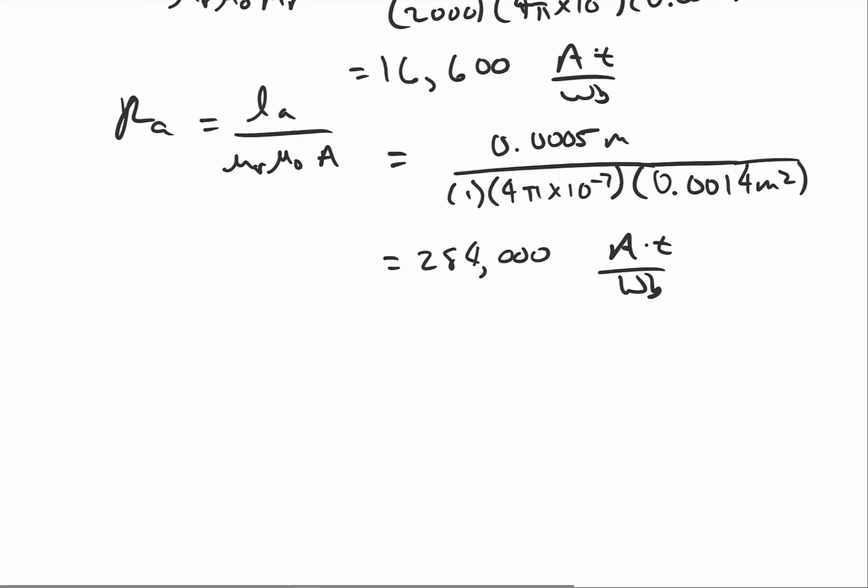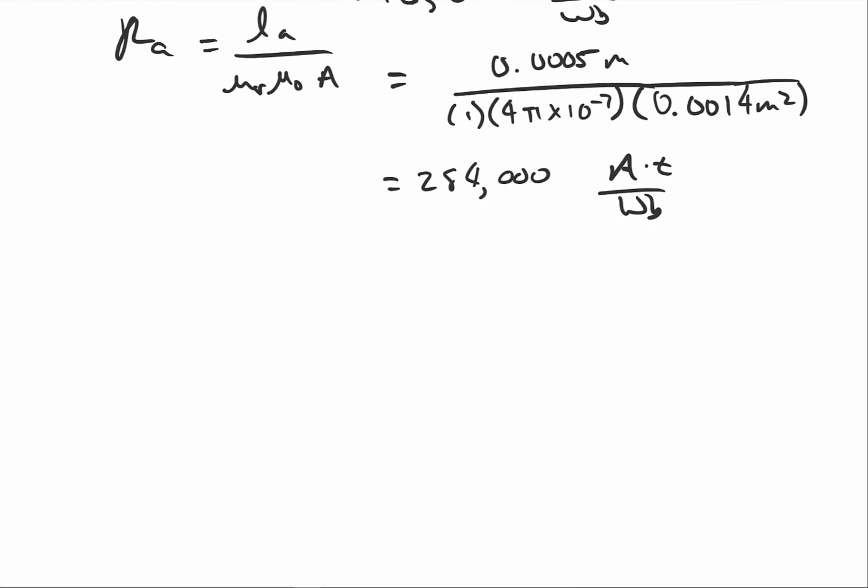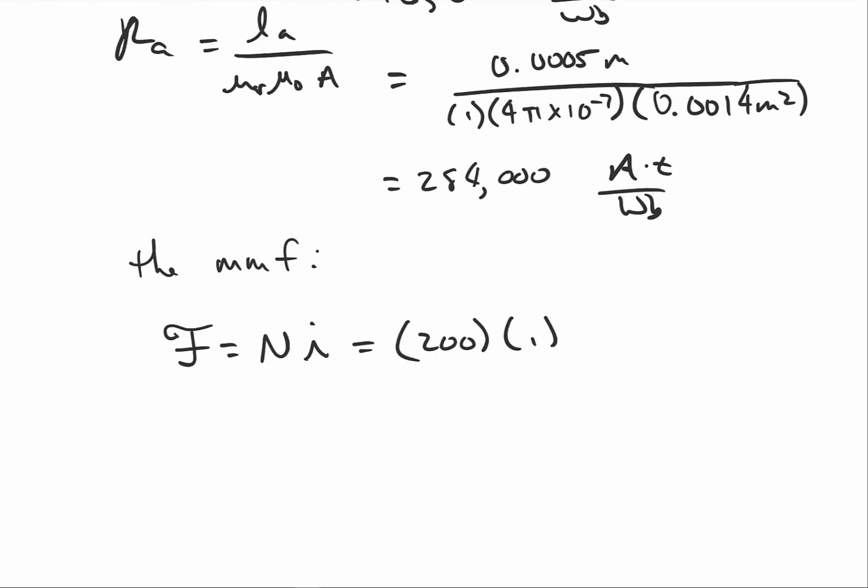Now, the magnetomotive force is equal to the number of turns times the current. We have 200 turns times 1 amp. So our magnetomotive force is 200 ampere turns.